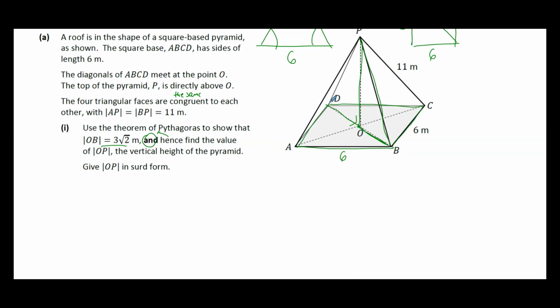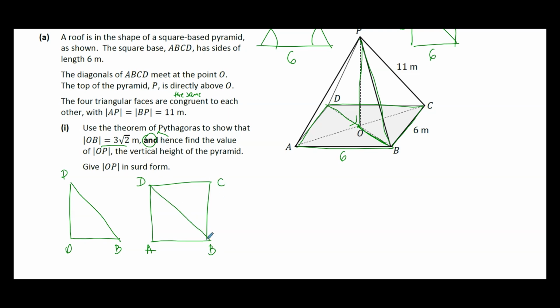Now, what am I going to use in order to solve it? If I consider both of those concepts, I have OBP, and then I have ABCD, and OB is this part. So what do I know about it? Like we said, those lengths here are 11.